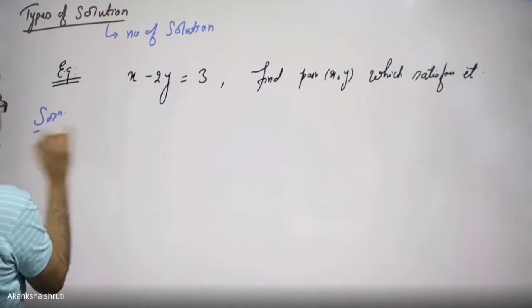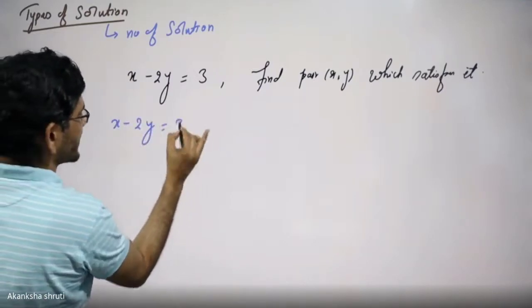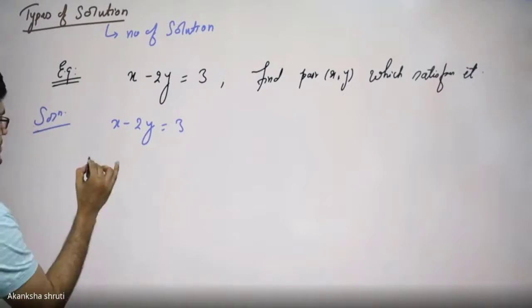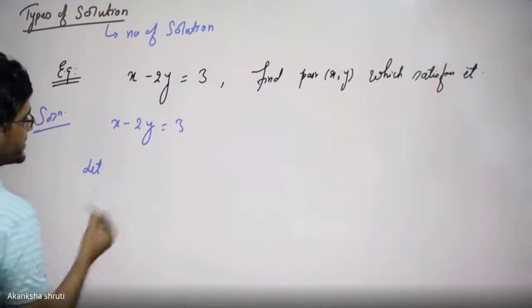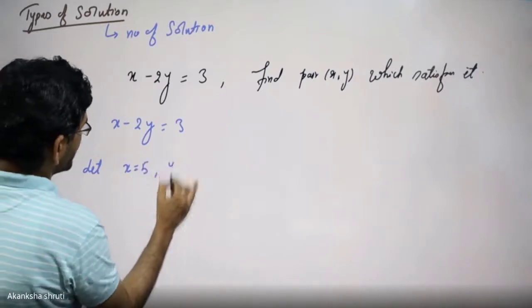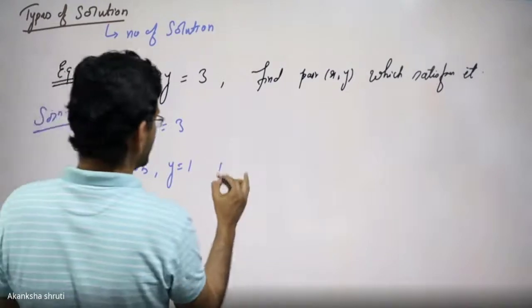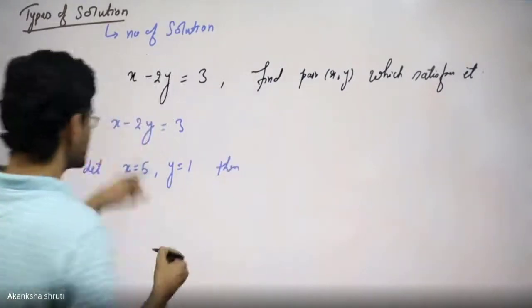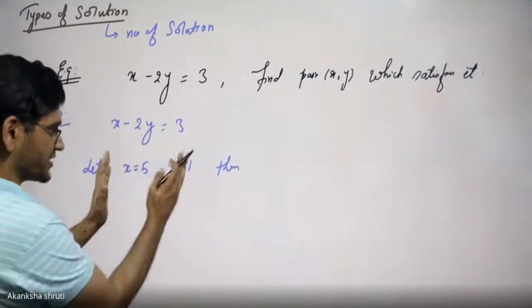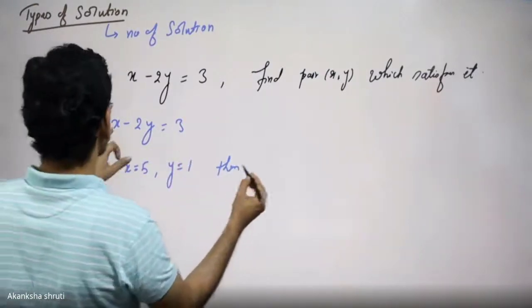Here the equation is x minus 2y is equal to 3. Let us take a try. So let us take x equal to 5 and y equal to 1. Let us try this. I have just assumed, but how I have taken that I will explain. That is the main thing we have to understand.